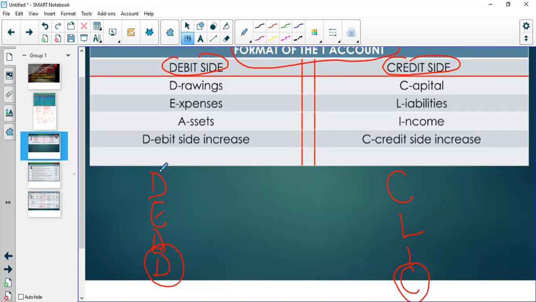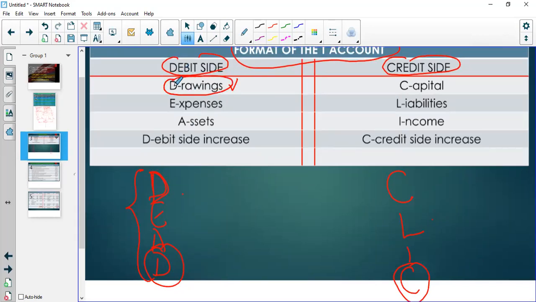There's an acronym that students use, which is called the DEAD CLIC. The first D tells you which items increase on the debit side. So if we see an increase in something and it falls under the DEAD side of the acronym, it's going to be recorded on the debit side.